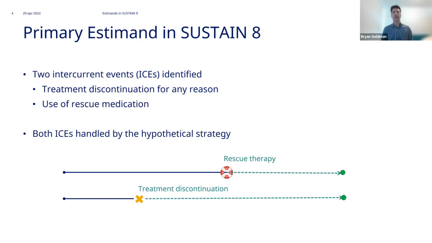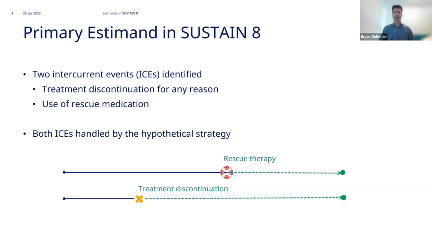And so when thinking about the Estimand, the primary Estimand in this trial, we had perhaps a somewhat simpler scenario than what Susie just described. We identified 2 intercurrent events that were likely to occur frequently enough to require explicitly defining our strategy for handling them. And they were treatment discontinuation for any reason and use of what's called rescue medication.